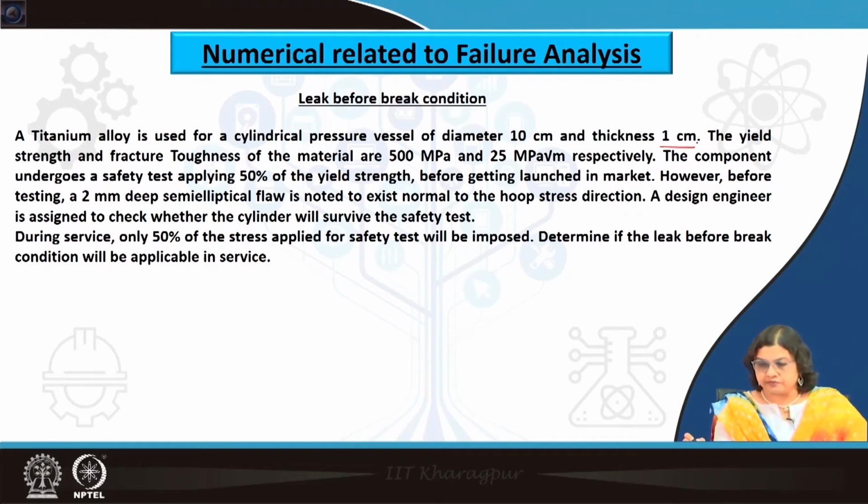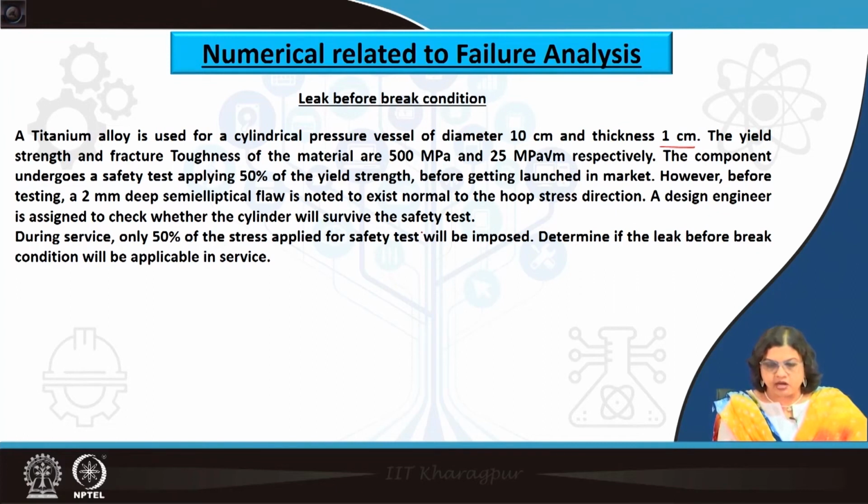actual service condition. But before the safety test, it is found that there is a 2 millimeter deep semi elliptical flaw which exists normal to the hoop stress direction, and a design engineer is assigned to check whether the cylinder will survive the safety test.